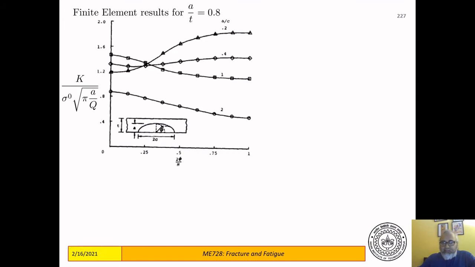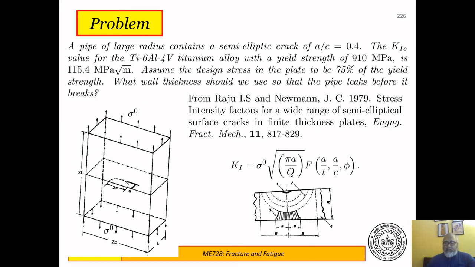What it means is that you start with a small crack, and at some point of time this crack grows to cover 80% of the thickness.